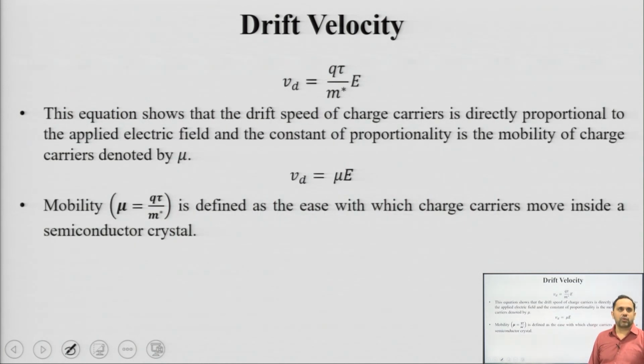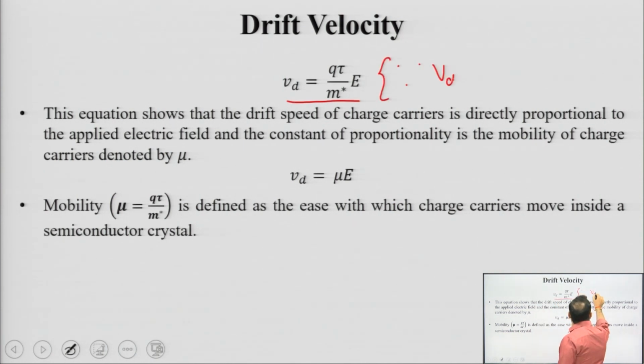Okay. And what is this term? This is equal to mu or represented by mu and is known as the mobility of charge carriers. Okay. We have seen in the energy band topic that the effective mass depends upon the energy band structure.